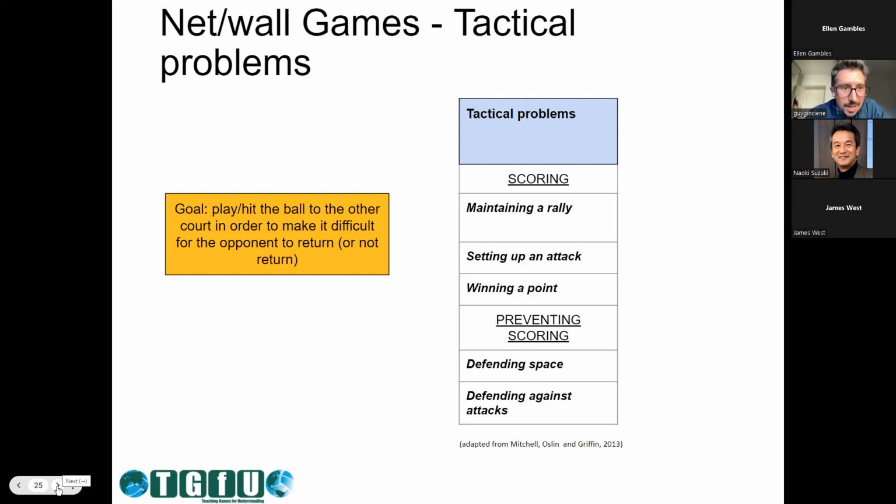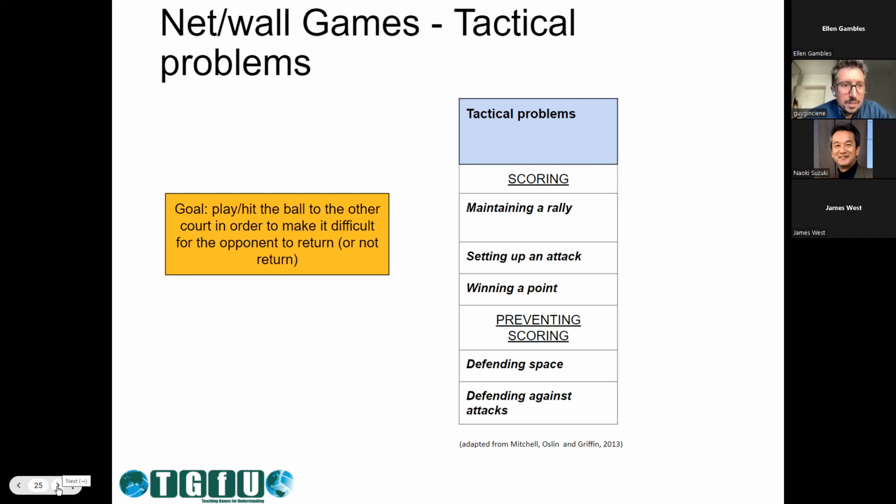And the next one is to win the point, or to hit the ball or the shuttlecock or the rubber ring, for example, where the opponent can't return. And to prevent the score, we have defending space and defending against an attack.